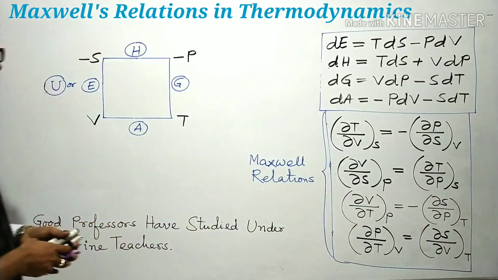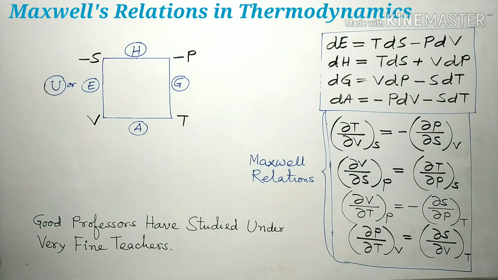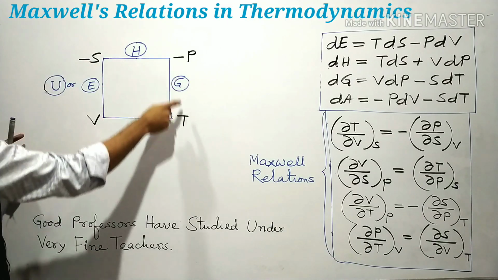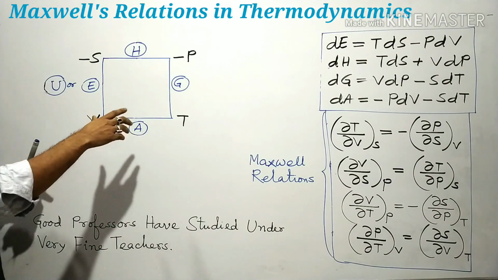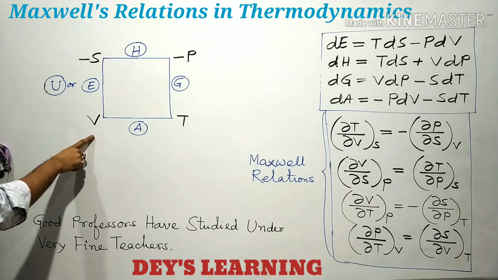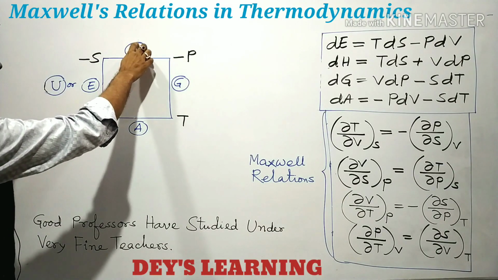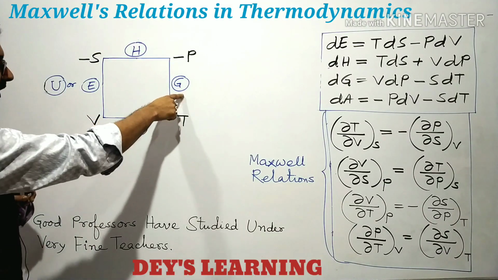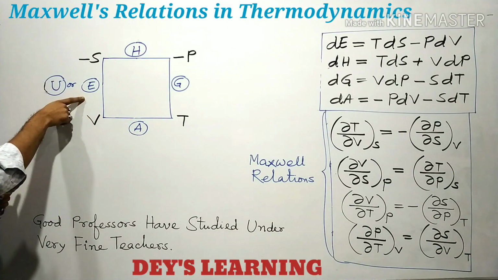Question is how. Now look here, there is a square and the four corners of the square contain four different parameters. This is entropy, pressure, temperature and volume, and here it is your H. H means enthalpy, G is Gibbs free energy, Helmholtz free energy and internal energy.